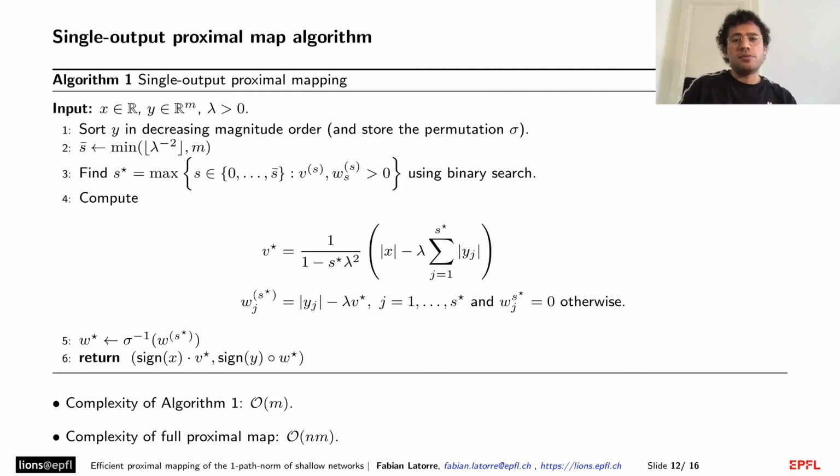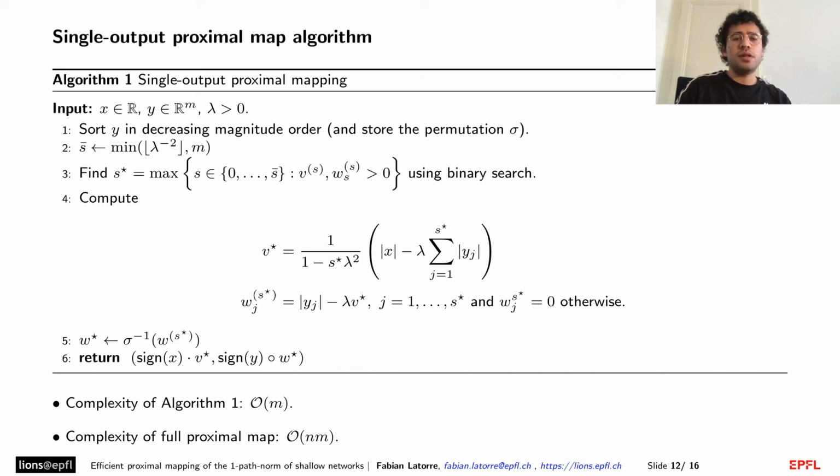So, to summarize, we start by sorting the input vector y, while storing the applied permutation. We then search for the optimal integer s using binary search and compute the associated stationary point. Finally, we apply the inverse permutation and multiply the solution by the sign of the input parameters.